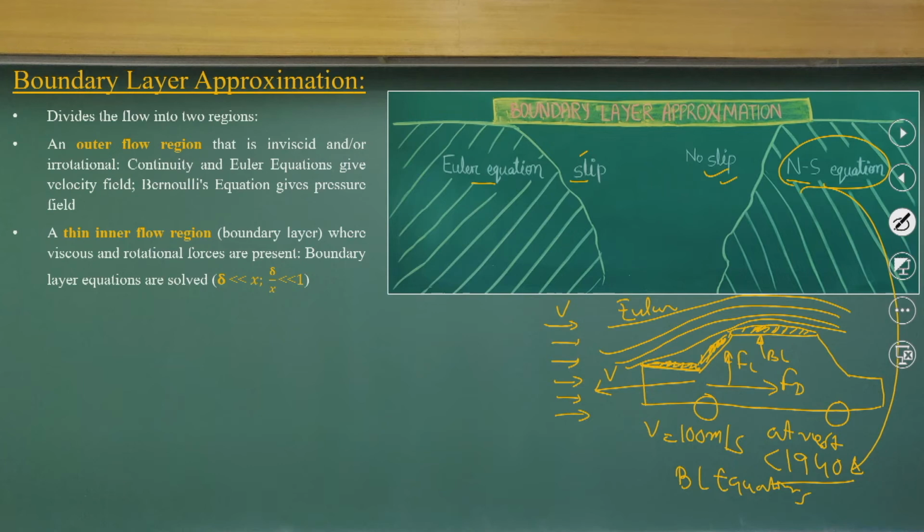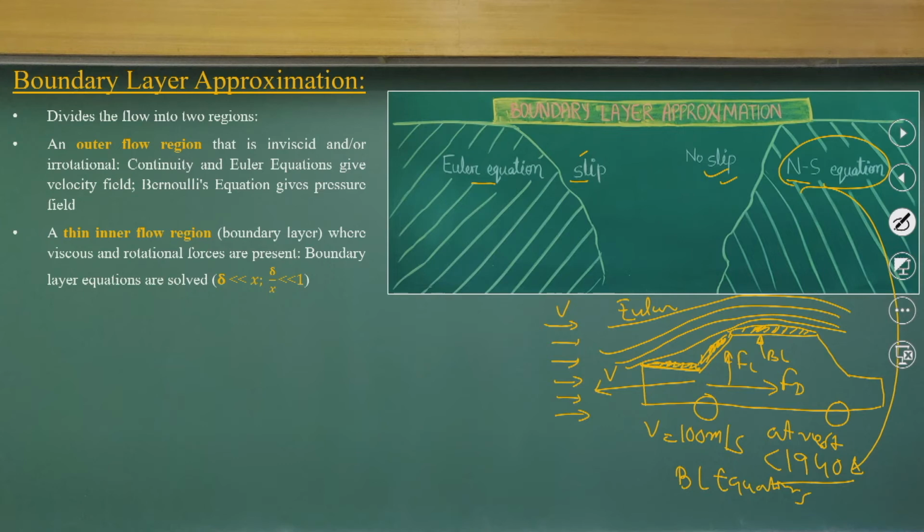Because when you talk about the drag and lift force of a car, it all depends upon very thin layers, how they form over the surface. As the car is moving, this thin layer is responsible for the shear stress, and responsible for the pressure distributions.